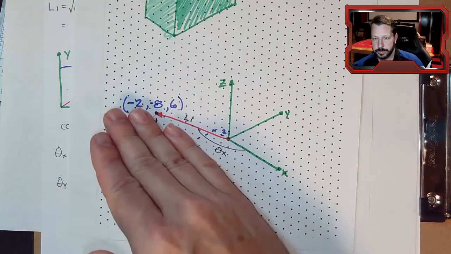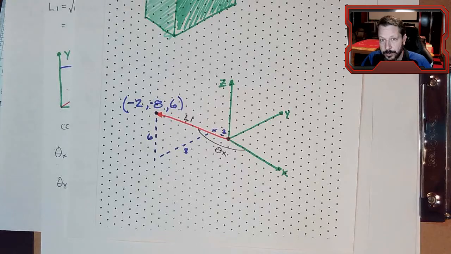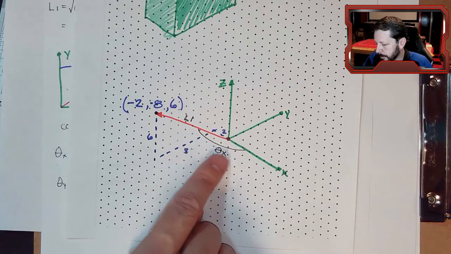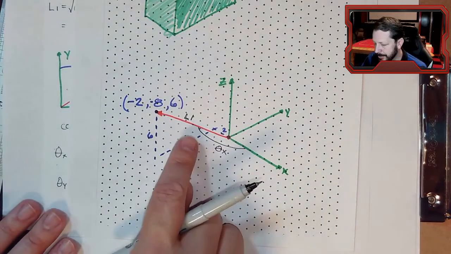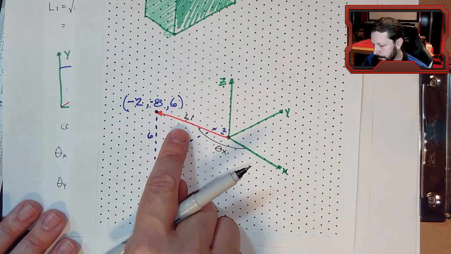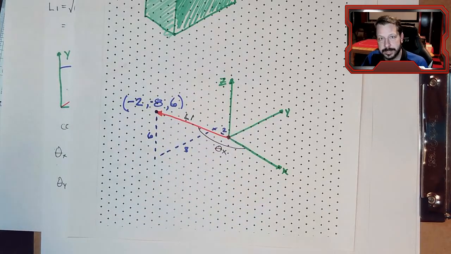It's not the xy plane, it's not the xz plane, it's not the yz plane, it's in its own plane. That's why I kind of drew it flattened out, trying to show it in that plane. But I need 3 of these angle measurements to fully define where this force exists in space.